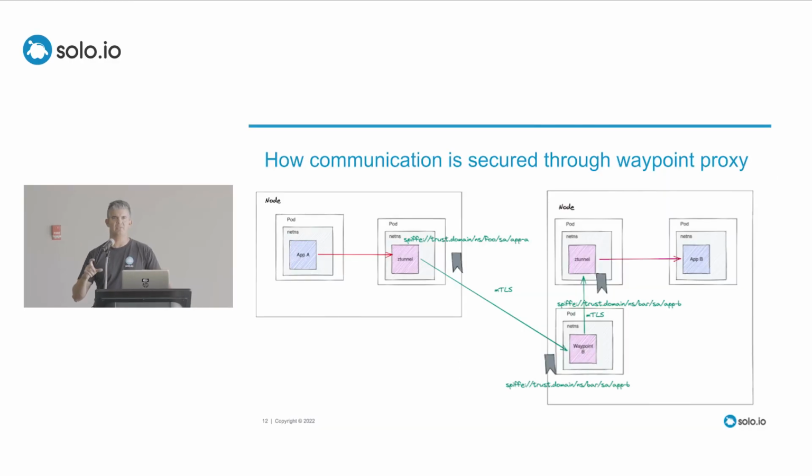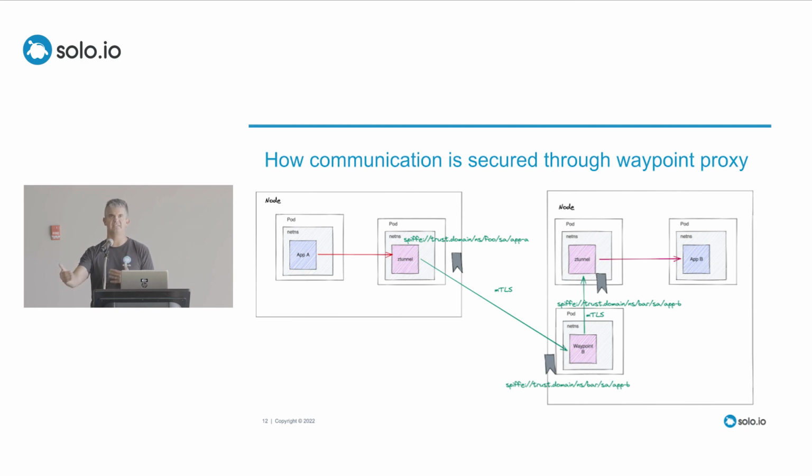But the waypoint proxy, when it sends that connection down to the actual target workload, will go through a Z tunnel and will also be mutual TLS. But this mutual TLS is not going to be between the source service or the originating service. It'll be between the waypoint proxy and the Z tunnel.